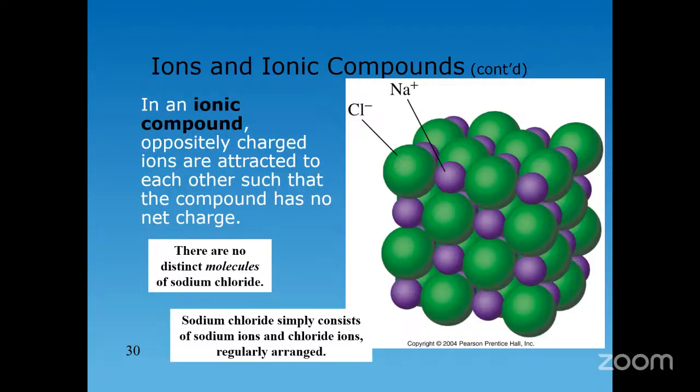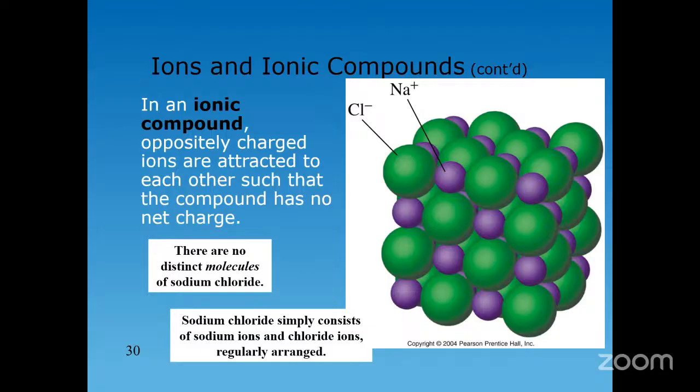You just have an ordered arrangement of the ions, an example of which is shown here, sodium chloride. Different ionic compounds will have different arrangements, but once you can identify a unit cell, you can see it repeated throughout the structure. So this here represents what happens in the case of sodium chloride.